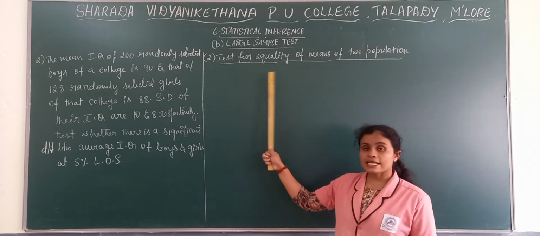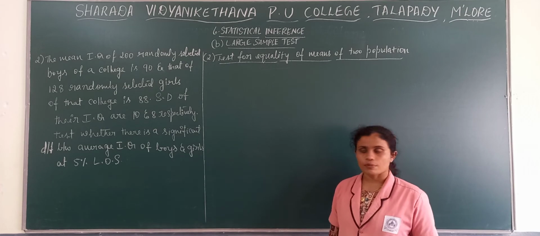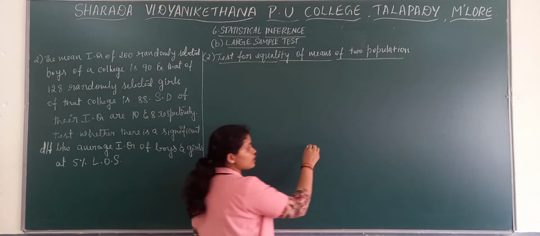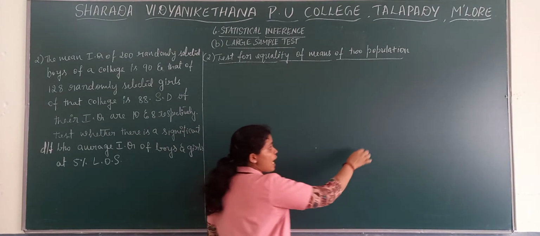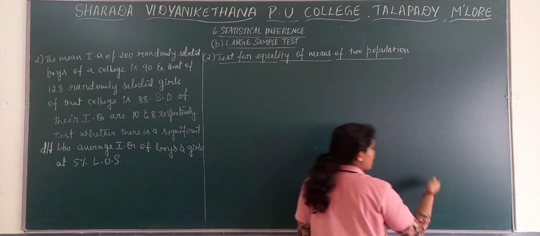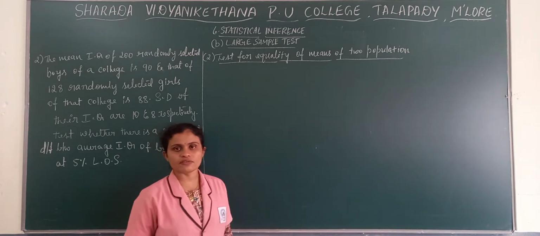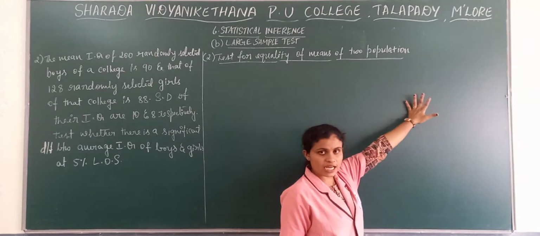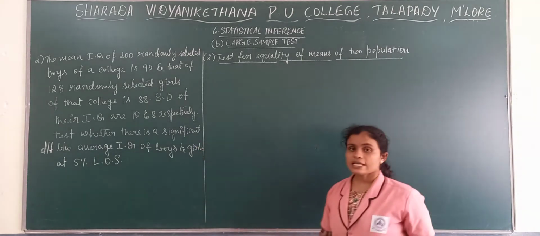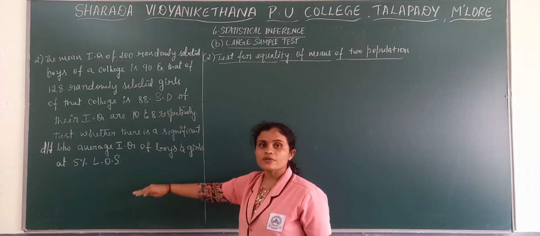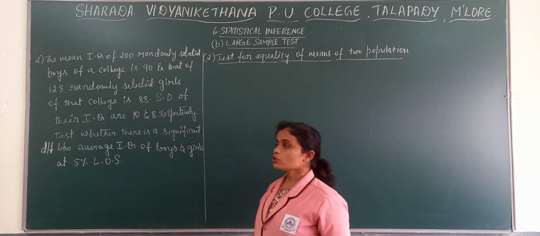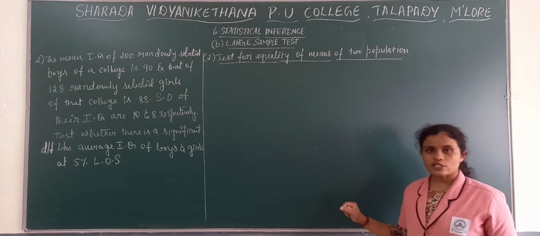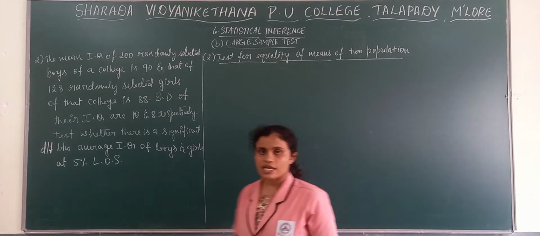Now, in this second application, unlike the first problem where the data was given in the form of a table with the size, the mean daily wages and the standard deviation, this is a word problem. Here you need to identify n1, n2, x bar 1 and x bar 2, then standard deviation 1 and standard deviation 2.